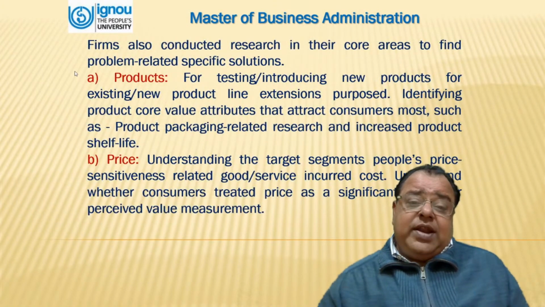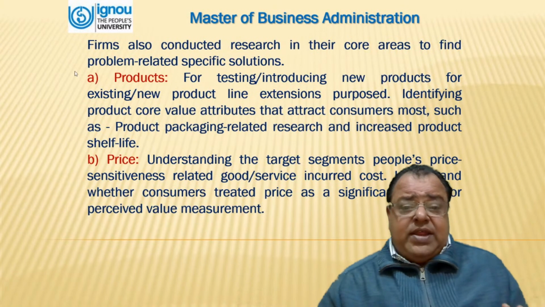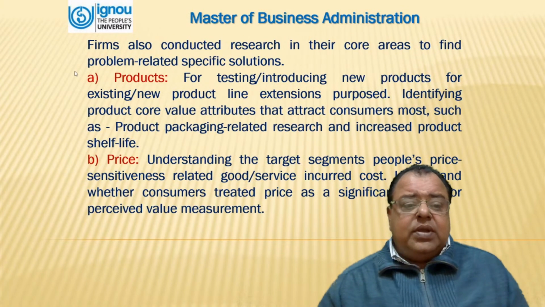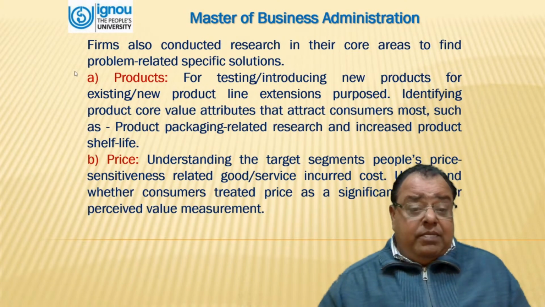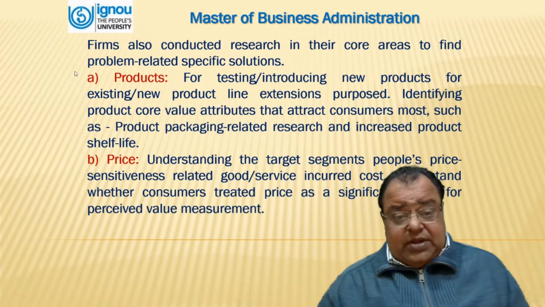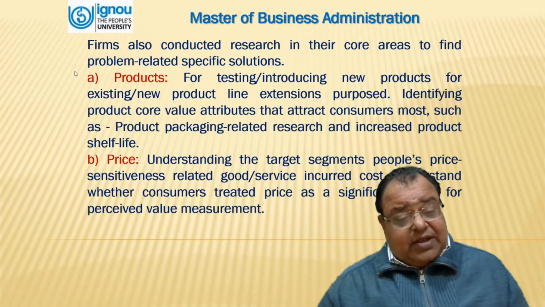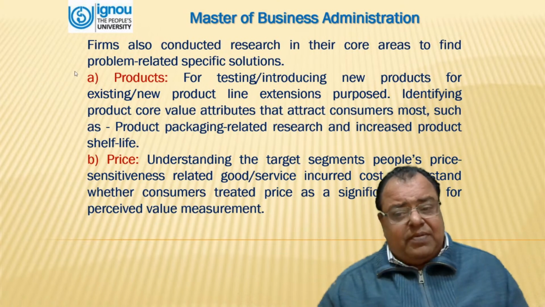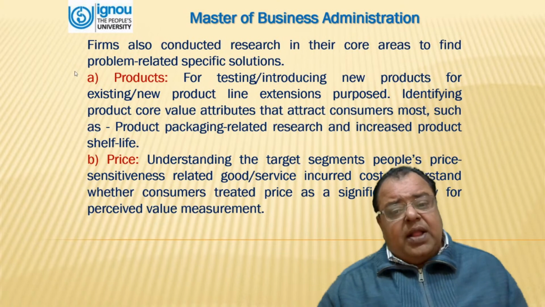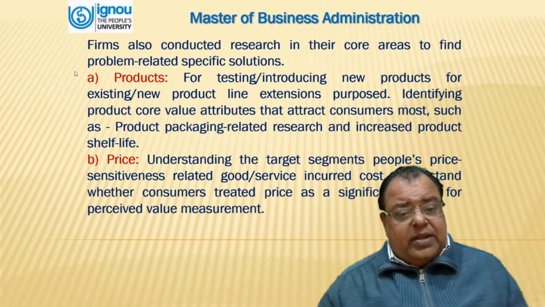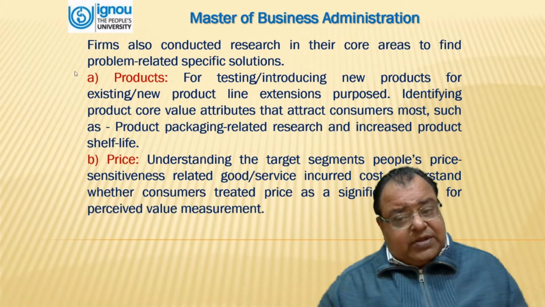Firms also conduct research in their core areas to find answers to specific situations. For example, if it is related to products: testing and introducing a new product, or a proposed line extension for an existing product; identifying product core value attributes that attract customers most, such as packaging-related research and increased product shelf life.